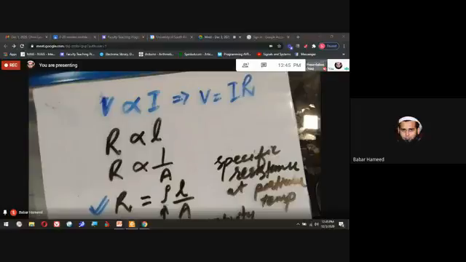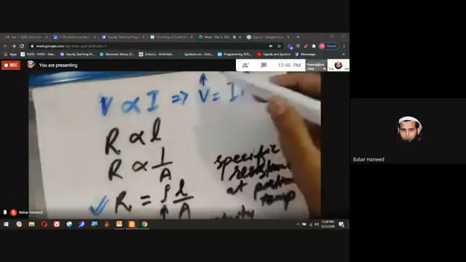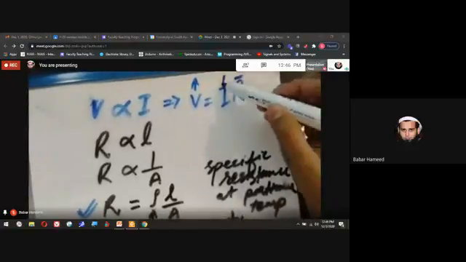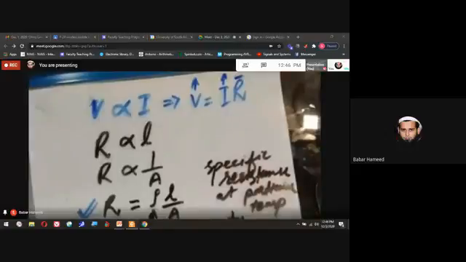If V is constant and R is increased, I decreases. Similarly, if V is constant and R is decreased, I increases. Once again, if V is increased, R being constant, I will increase. ठीक है?